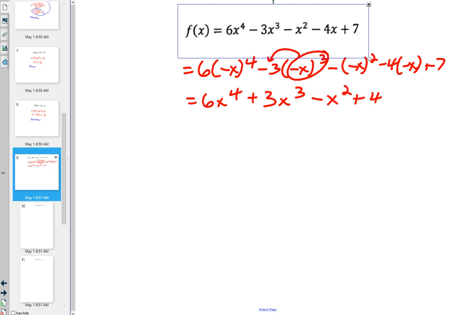Then this becomes positive, and the 7 stays the same. Is that exactly the same as the original? No. Is every single sign different? No. So Jaden was correct. Jaden, we trust.